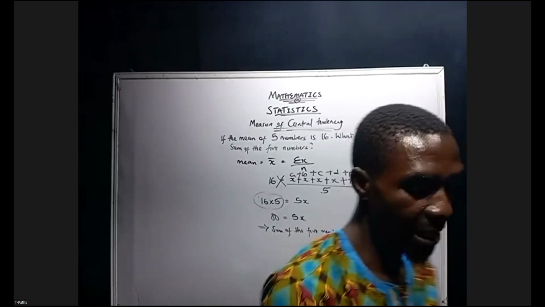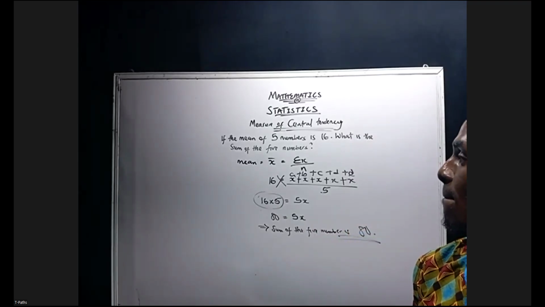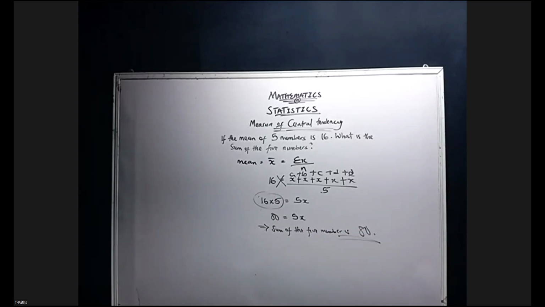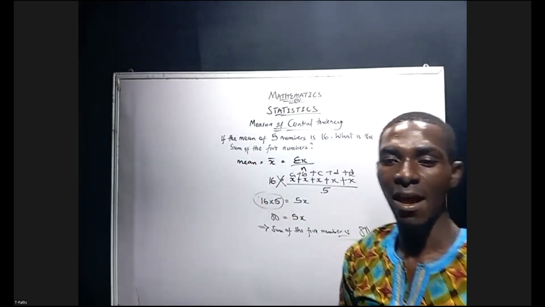Any other question relating to this? Sir, instead of using A plus B plus C, can we use summation x divided by 5 instead of using those x plus x plus x? That's a good idea. Summation x divided by 5. Very good idea.